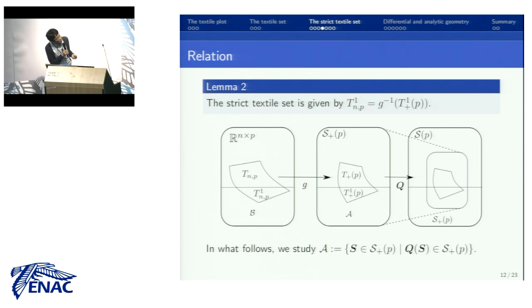And then we notice that there is some subset A in the space of S plus P, which is defined by the inverse image of Q.